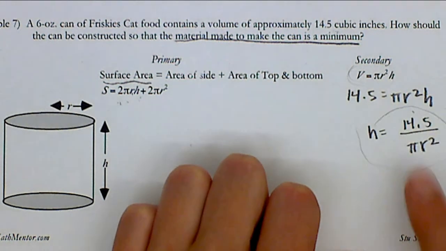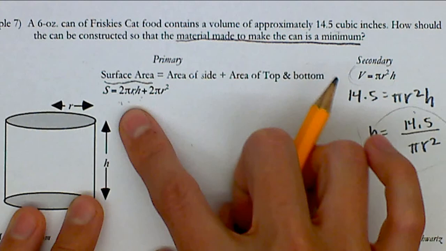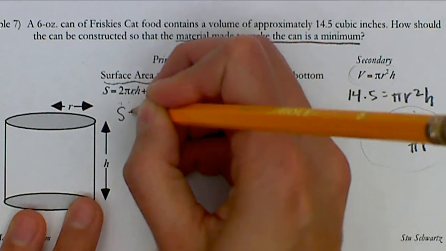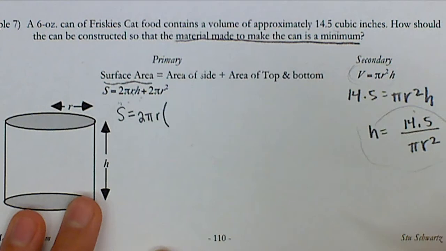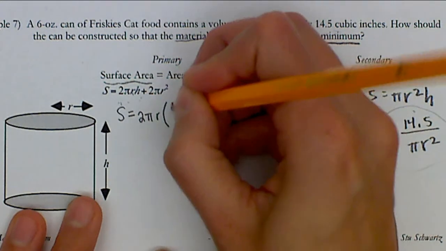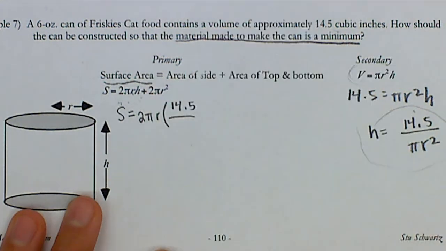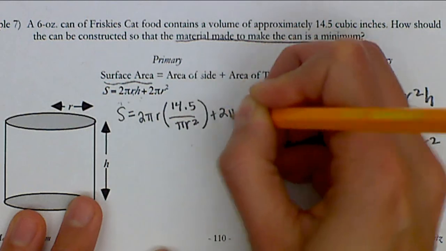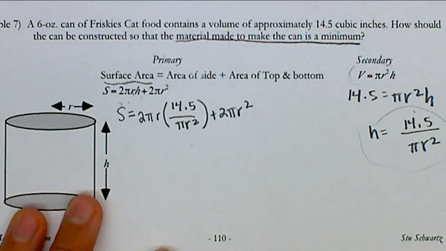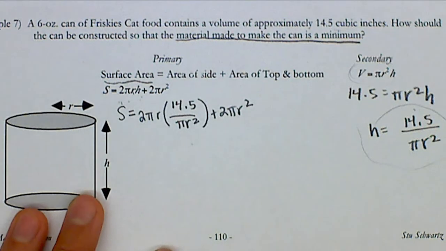So I'll plug this h into my surface area equation, and I'll get s equals 2 pi r times, plug in h, plus 2 pi r squared. Let's simplify.